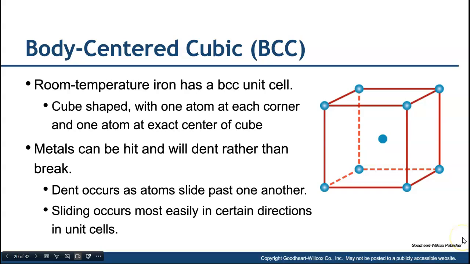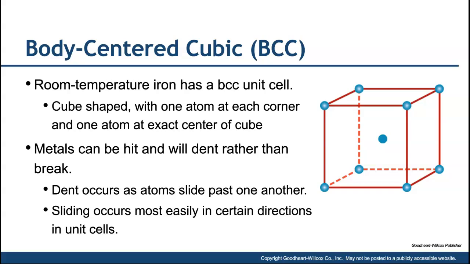So we talk about the body-centered cubic form. Room temperature iron has a body-centered cubic unit cell, BCC. It's a cube shape with one atom at each corner and one atom at exactly the center of the cube. Metals can be hit and will dent rather than break.